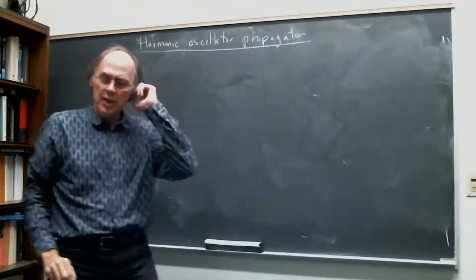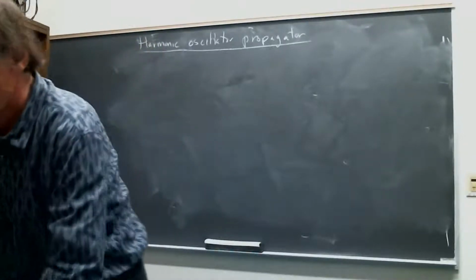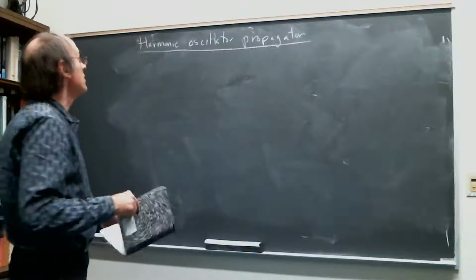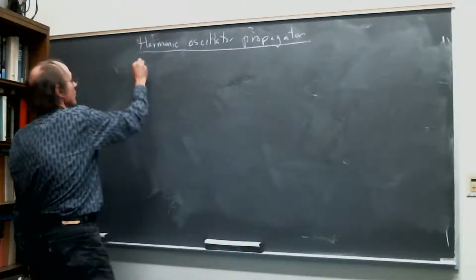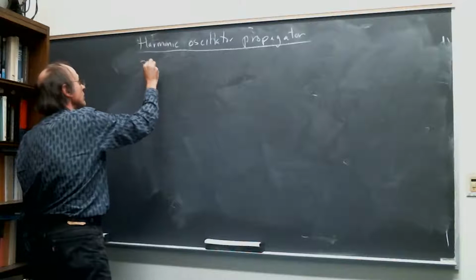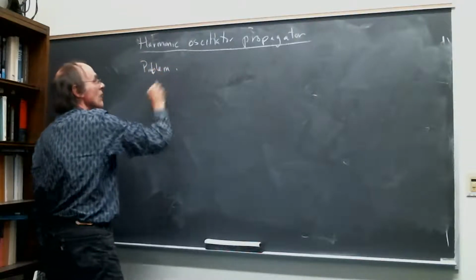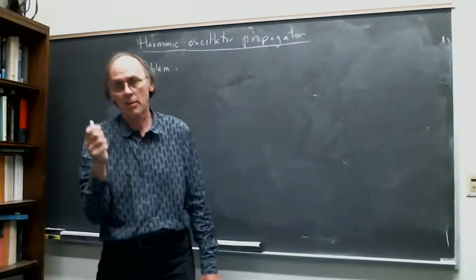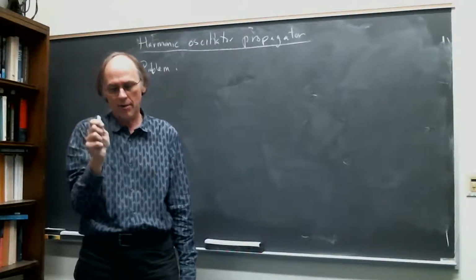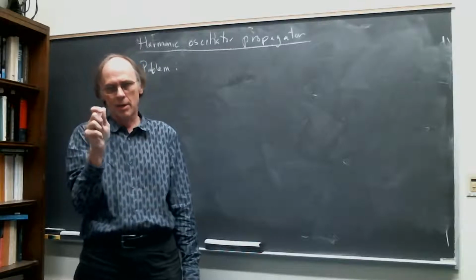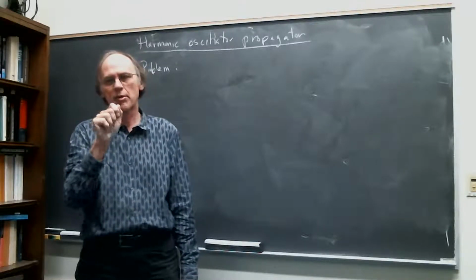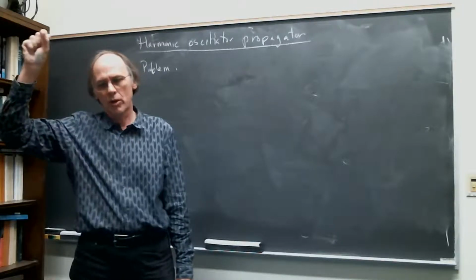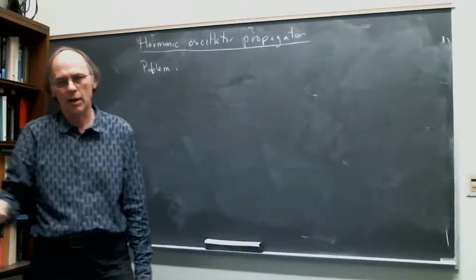But before I do this, let me go back and remind you what this is. The problem the propagator answers is: if you start out at time t equal to 0, knowing exactly where something is, what is its wave function going to be at later times?